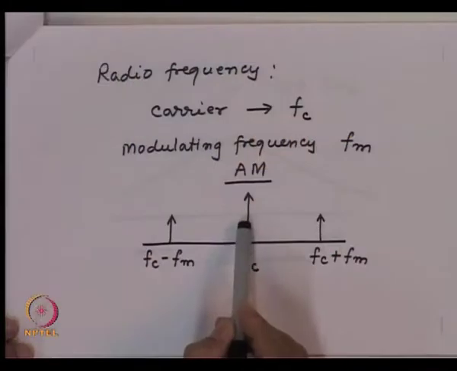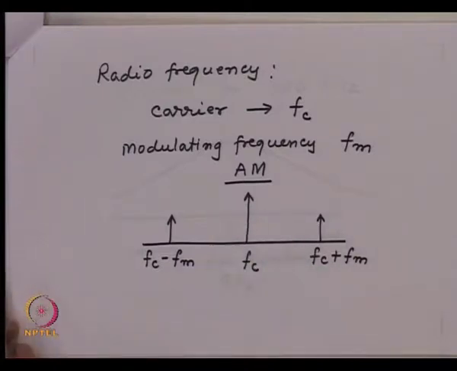And at radio frequency, the carrier is very pure, and what we mean by that is the spectral width of the carrier intrinsically is much smaller compared to Fm, and as a result we get the side bands very clearly seen in the spectrum of the amplitude modulated signal.